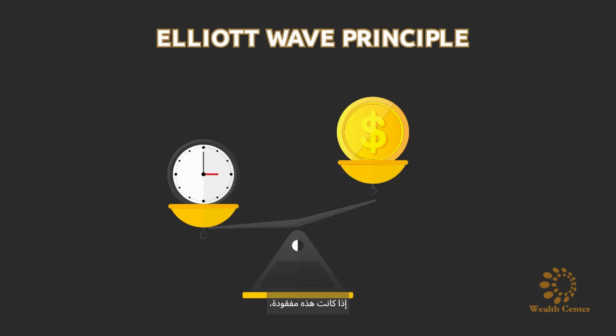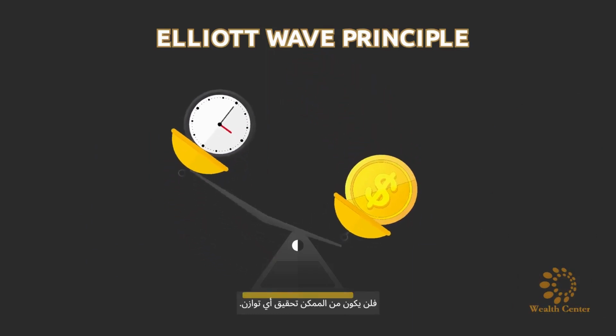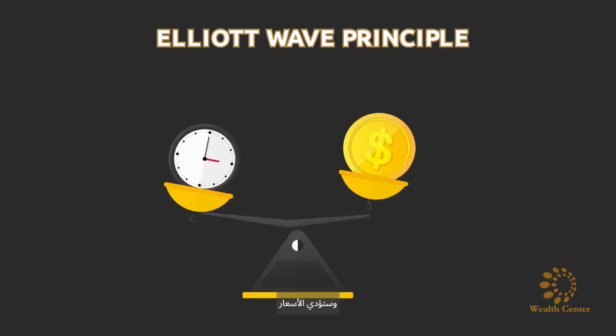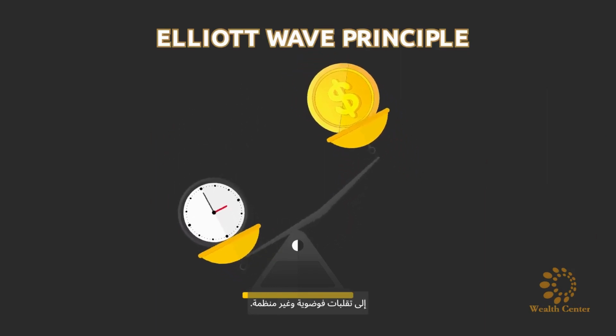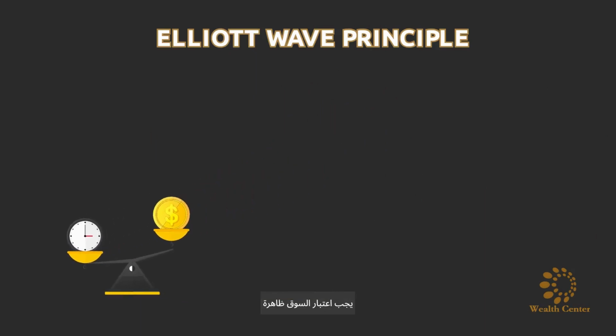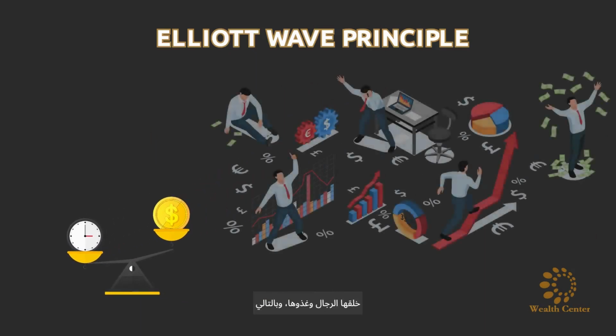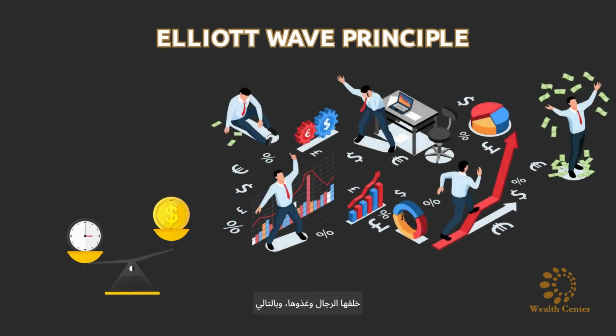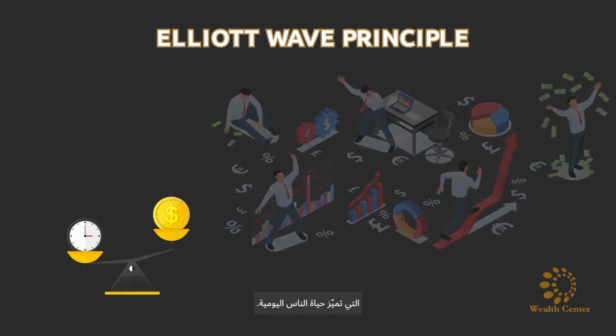If these were missing, it would not be possible to achieve any balance, and the prices would lead to convulsive, disorganized fluctuations. The market must be considered a phenomenon created and fed by men, and therefore permeated by irrational attitudes that characterize people's daily lives.